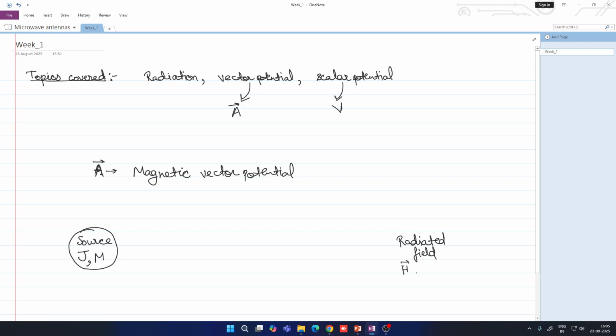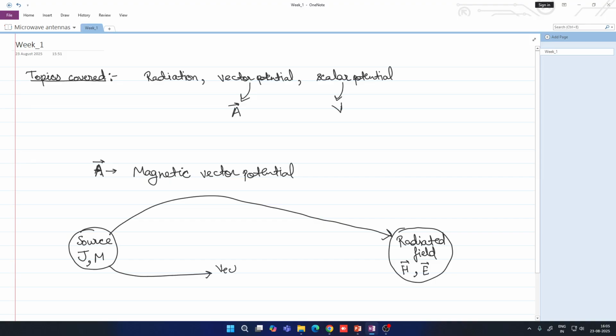Radiated field means H field and E field. One way is to find it directly using Maxwell's equations, but it's too complicated, and a lot of integrations are involved. So in order to simplify this calculation, we selected a few quantities called vector potentials, which are A and F. From these we can calculate the radiated field.